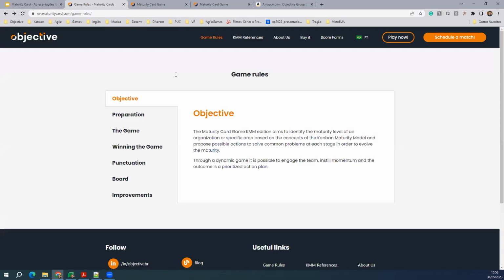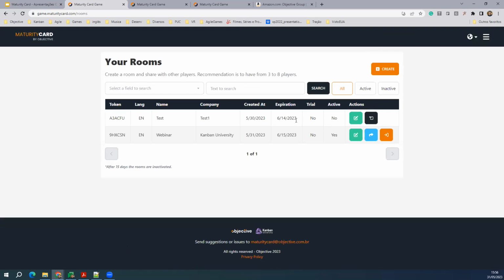So you can register the players, and you can just put in the votes, and at the end you will have the winner, how many points each player had during the game, and you can generate the report as we showed during the webinar. And to play online, you have the rooms here.